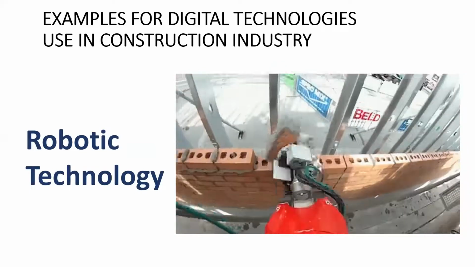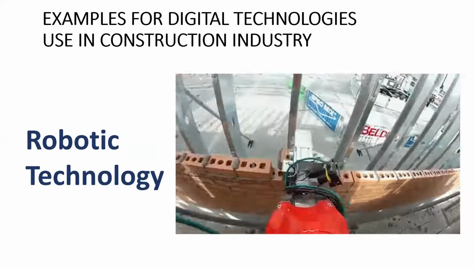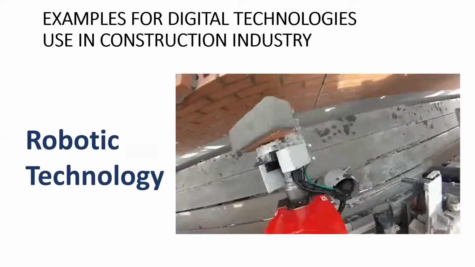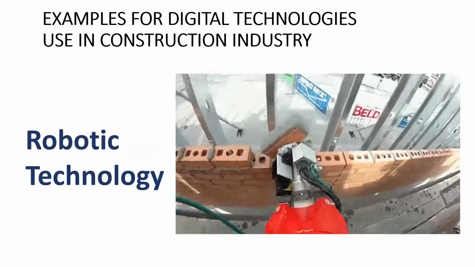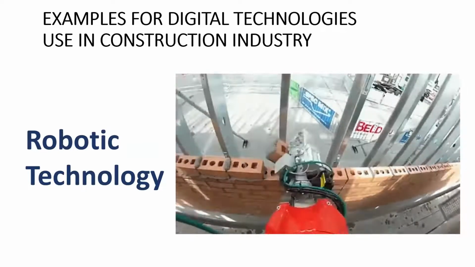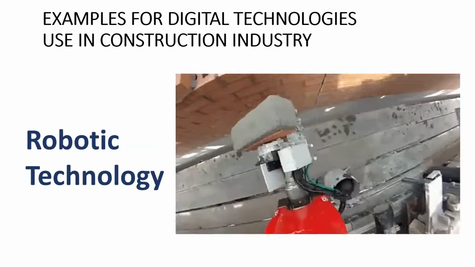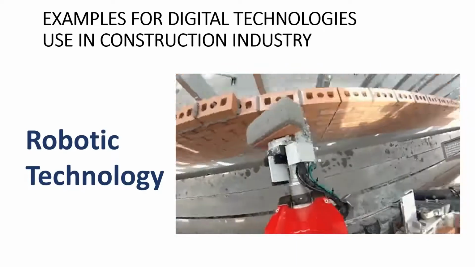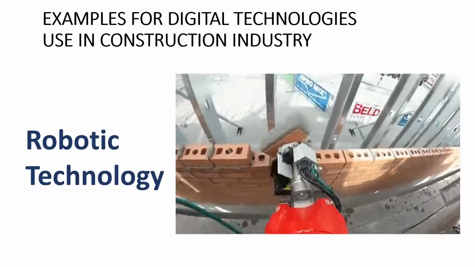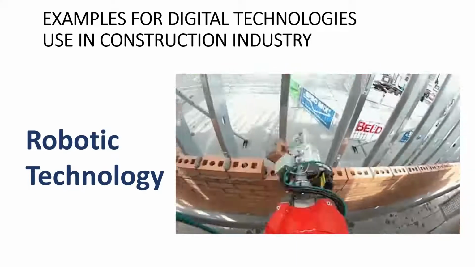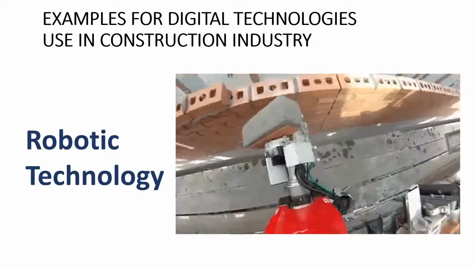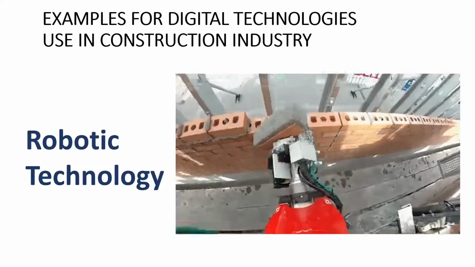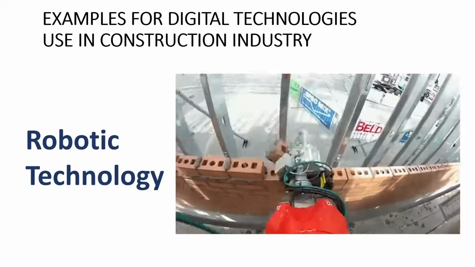And he told us the younger generation is reluctant to go into construction sites and work there. So as a solution, they have introduced this robotic technology. They have bricklaying robots, tile laying robots, and a lot of robots. So that's why they can complete a construction project within 2 to 3 weeks.